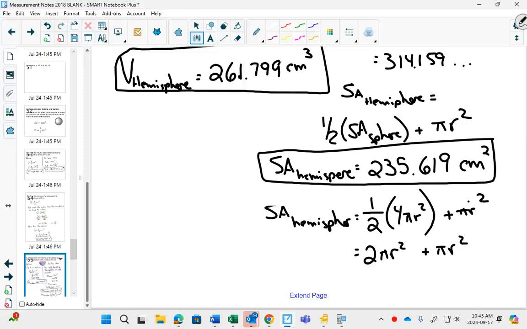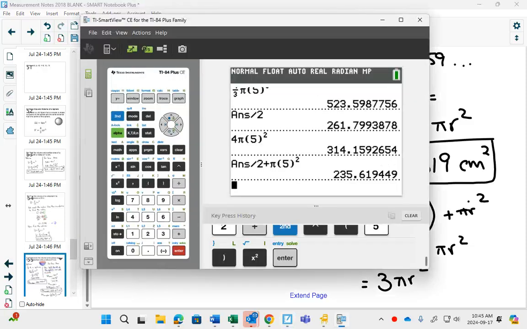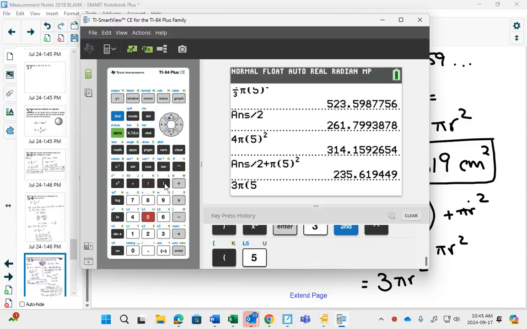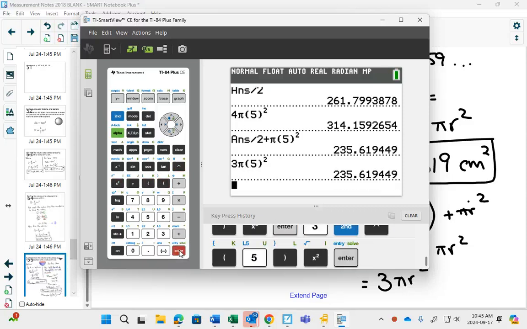And if we simplify the formula, we can actually find a simplified version of the formula for the surface area of the hemisphere. Because if you have 2 pi r squareds and you add another pi r squared, like terms, does it make sense that you would have 3 pi r squareds as a result? And if I type that into my calculator to check, notice that I get exactly the same answer as before.